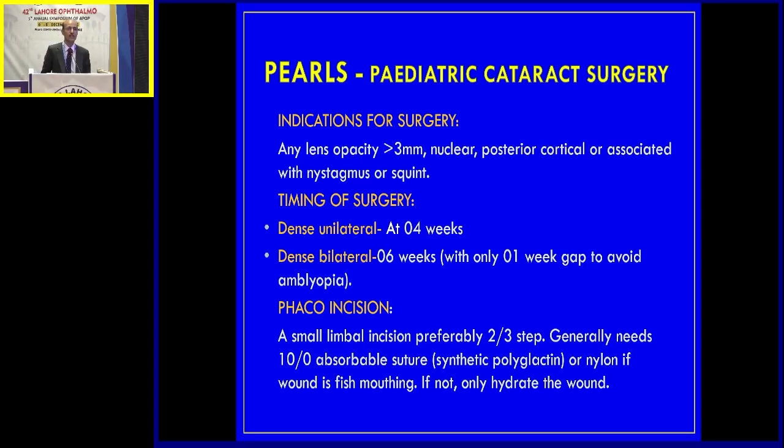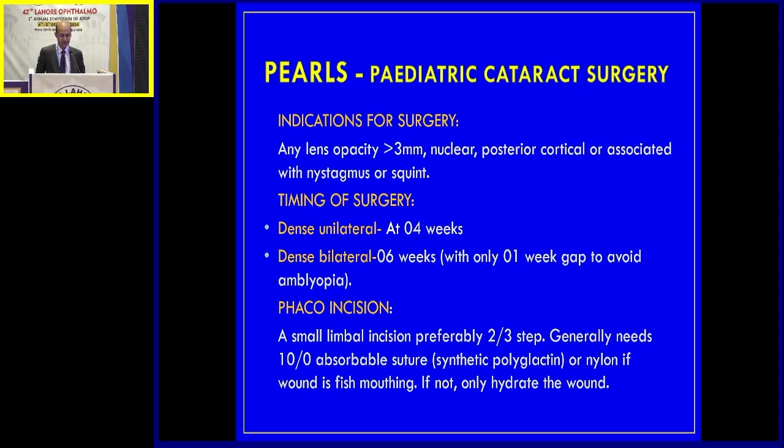So who are the candidates for pediatric cataract surgery? Any lens opacity more than 3 mm, which may be in any part of the lens or associated with nystagmus or squint. Please correct me, it is an interactive session. Wherever you feel there is a change in the guidelines, you can correct me.